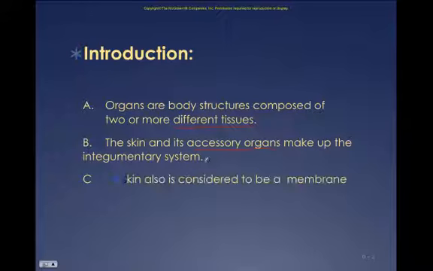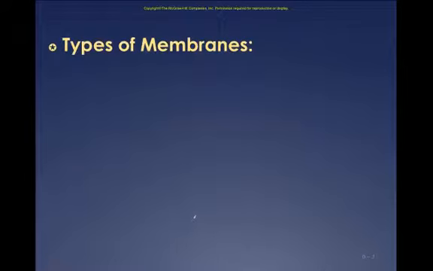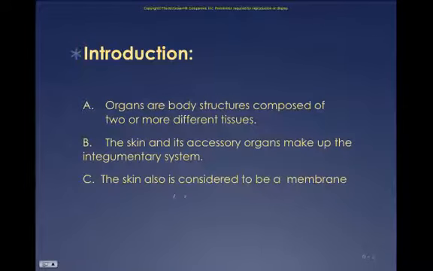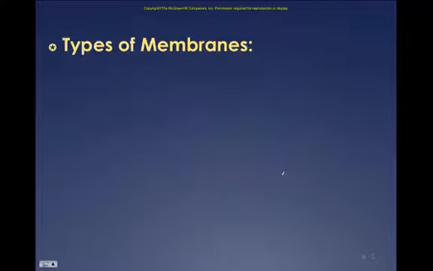Lastly, we're also going to talk about the fact that there are different types of membranes, and the skin is considered to be a membrane, what's called a cutaneous membrane. We'll talk about this coming up in my first slide. First off, we're going to talk about the different types of membranes that we have.